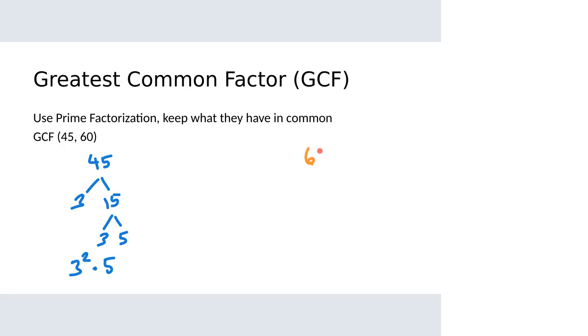Prime factorization of 60. Well, that's an even number, so 2 times 30. And that'll be 3 times 10. And then that'll be 2 times 5. And so what I have there is, I'll go ahead and be explicit with this one: 2 times 2 times 3 times 5, which is 2 squared times 3 times 5.